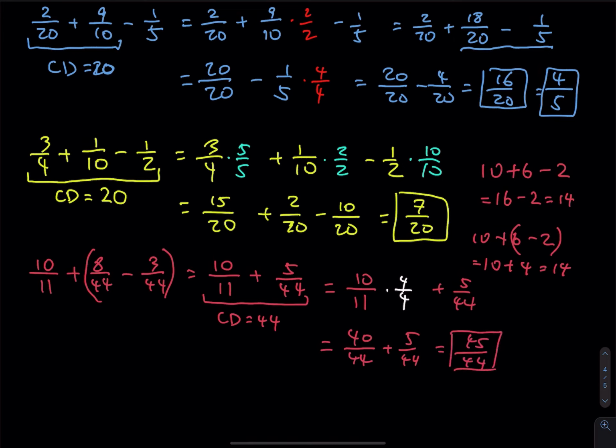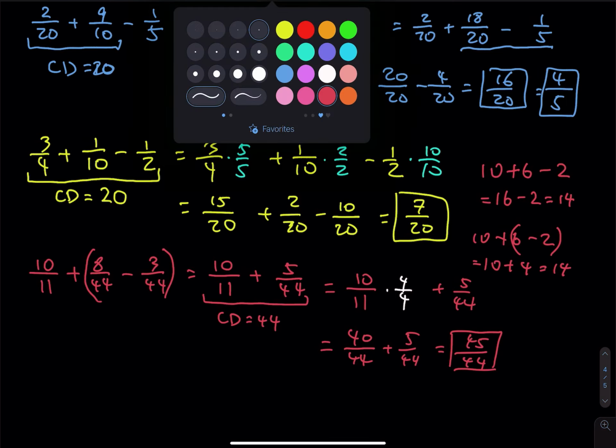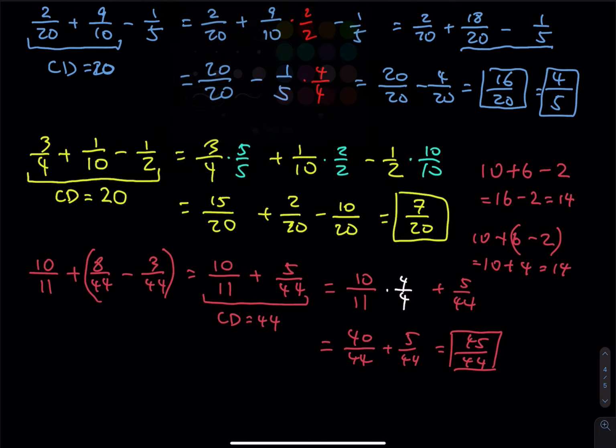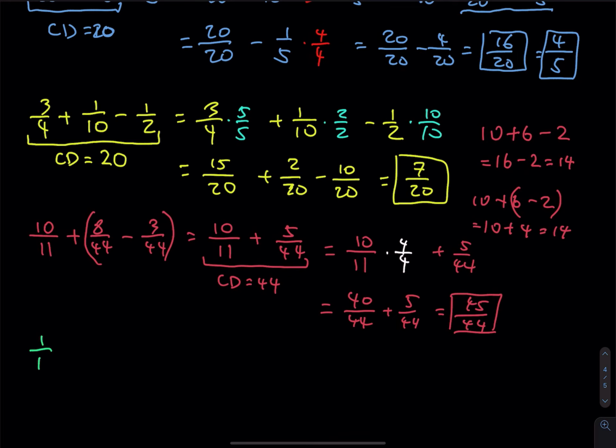That's it. Last one. The last problem, we have 1 over 17 plus 14 over 34 minus 1 over 4. Okay, this one, what do we do? Here, 17 and 34. Do you see that 17 times 2 is equal to 34? Right?